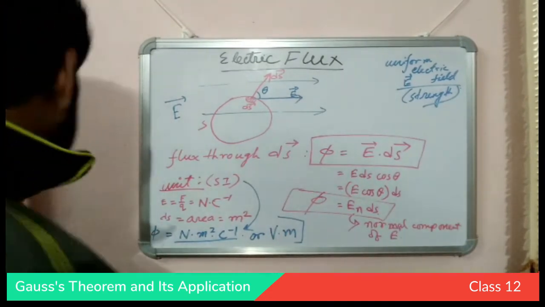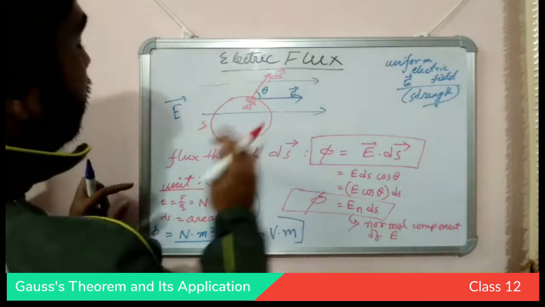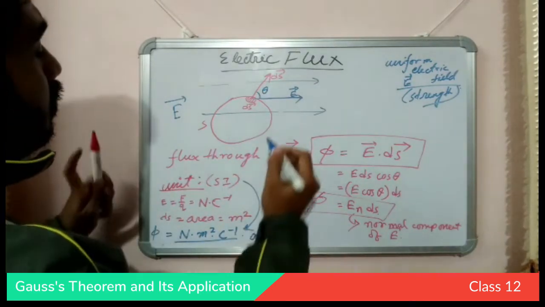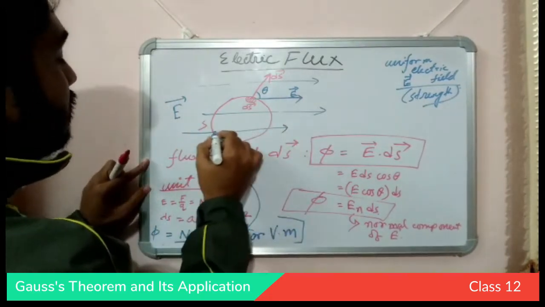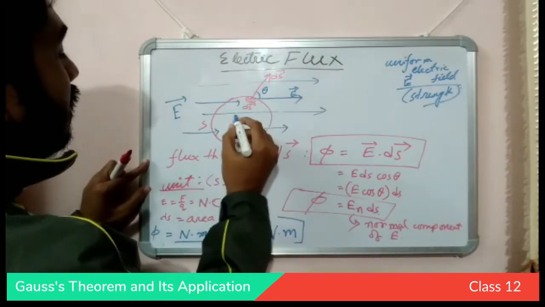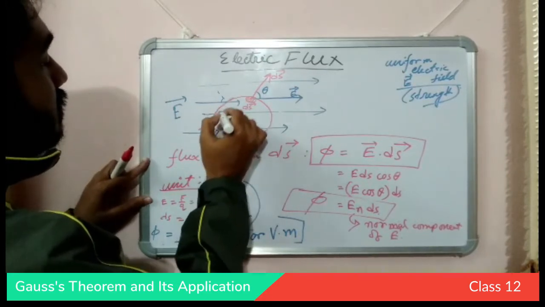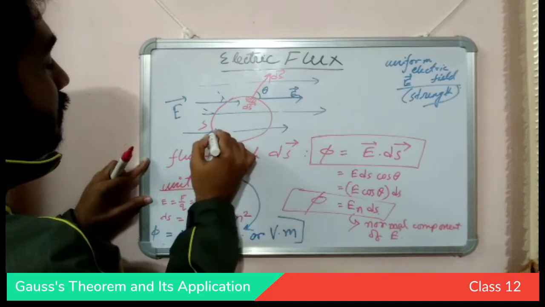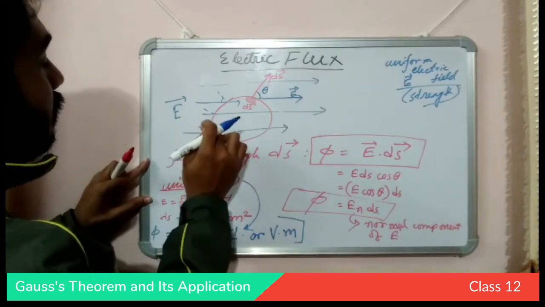So you can think that the electric field is passing through this direction like this, and entering in this direction, and at the point of contact, here the angle is different, here the angle is also different.